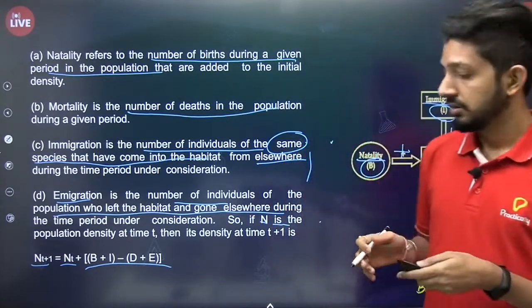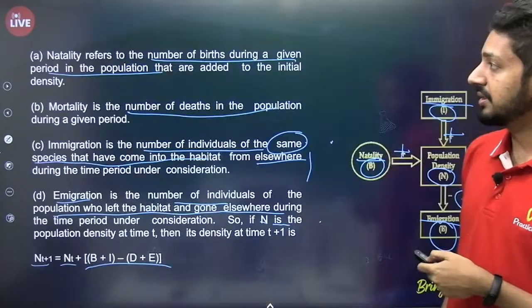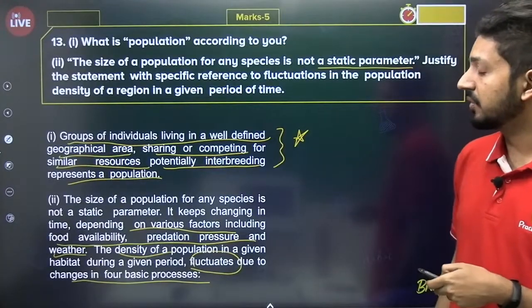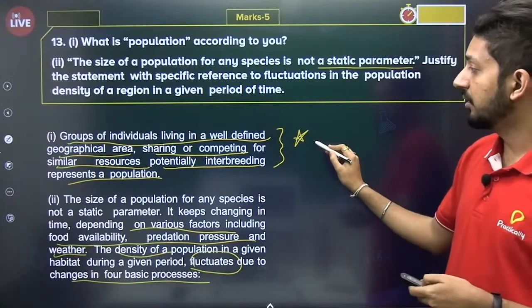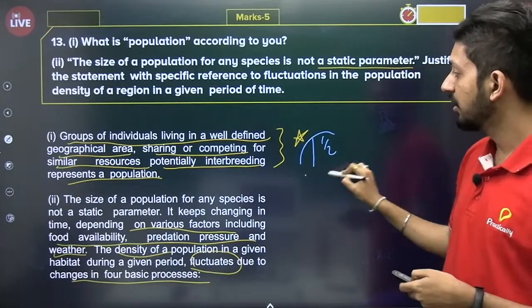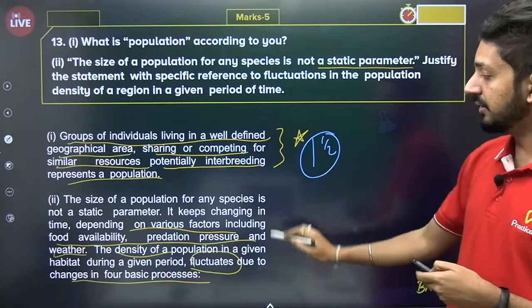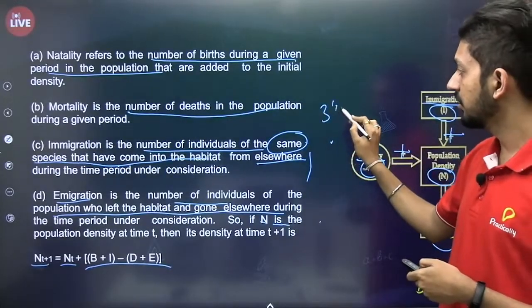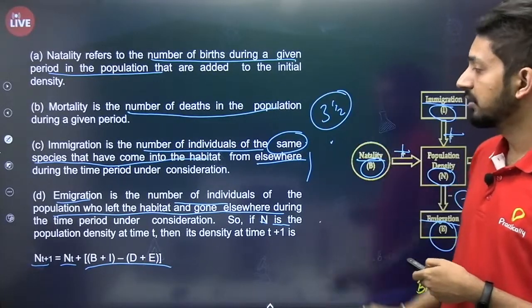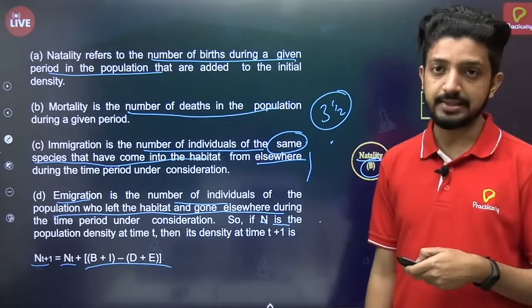So this completes our 5-mark question. This definition itself will carry 1.5 marks, and the entire definition or explanation will total give 3.5 marks. So in this way you can score 5 marks easily.